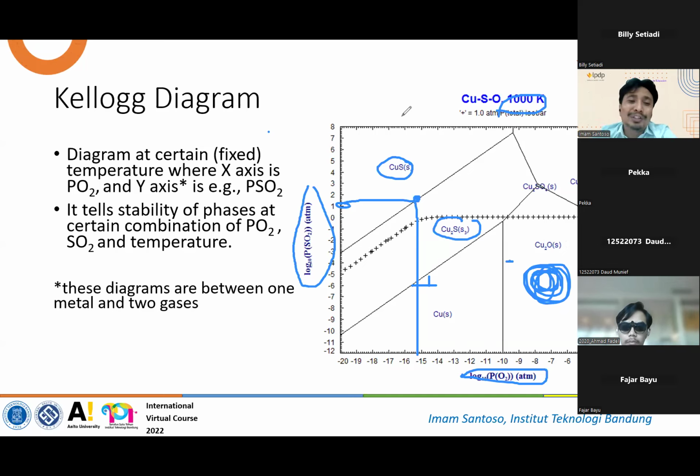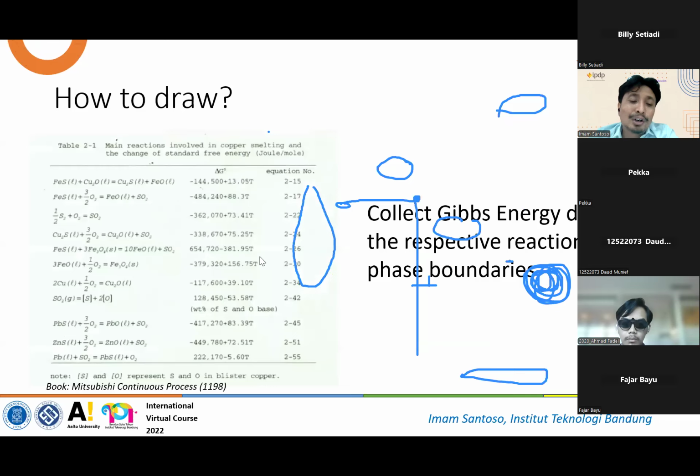Now, how to draw this diagram? Because this diagram will be used by PK in some explanation of the courses. So how to draw this diagram? Okay, first you have to collect the data of the reaction, the Gibbs energy of the reaction.